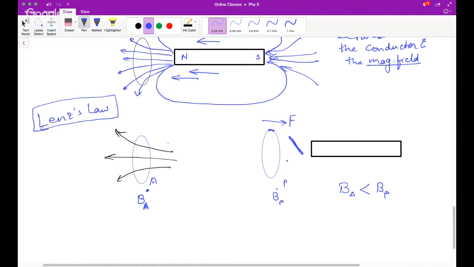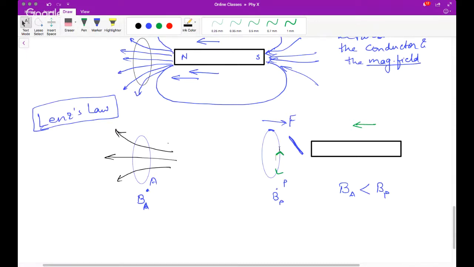Now, Lenz's law says that this relative motion of the conductor inside a magnetic field will try to induce a current in the conductor. Now, there are only two possibilities of current, either this or this. Let's evaluate each one. Let's say when looked from here, this current is anti-clockwise, this case. And looking from the right side, this current is anti-clockwise.